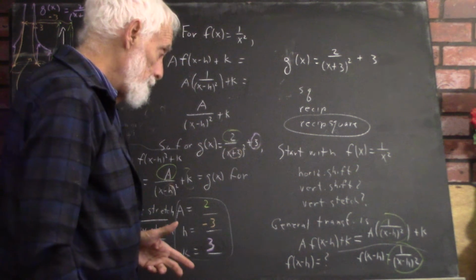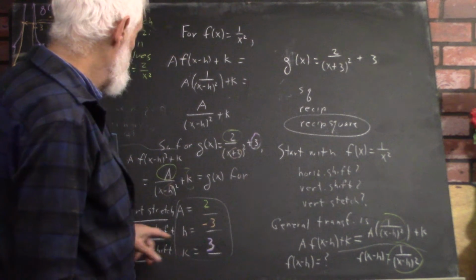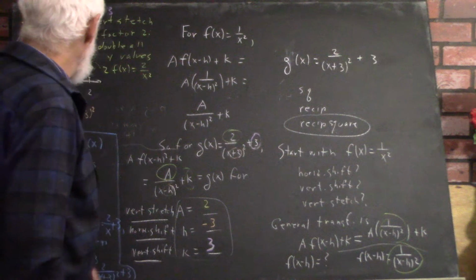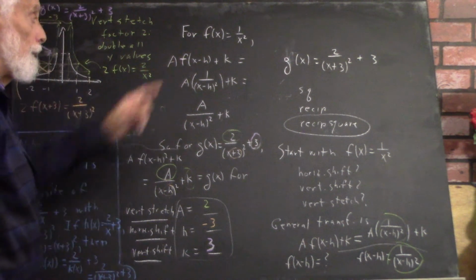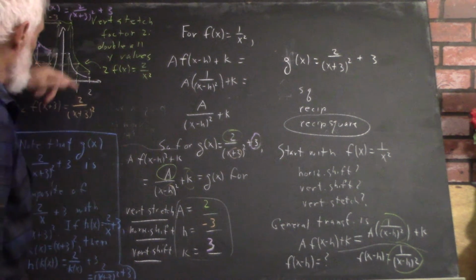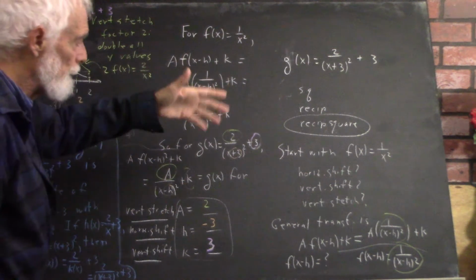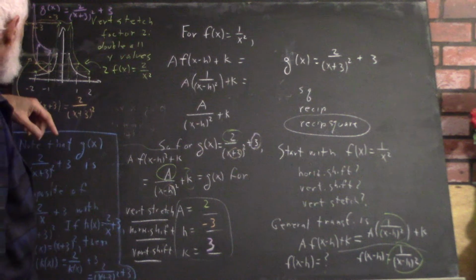Now we know that a is the vertical stretch factor, h is your horizontal shift, k is your vertical shift. So we construct a graph of our g of x function. We start with this graph in white, which is our basic reciprocal square function, and that's something we're very familiar with.